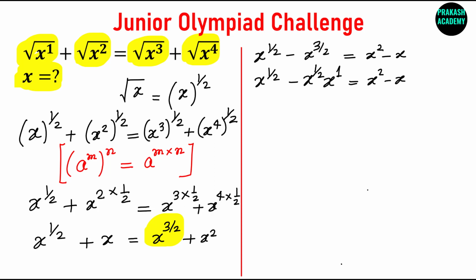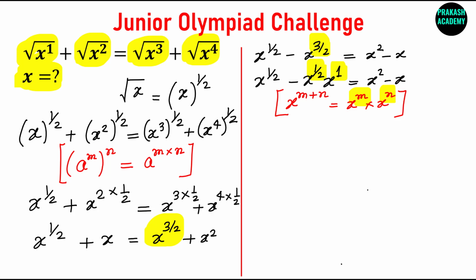This I am writing because you have the rule of exponent, that is x raised to the power m plus n is equal to x raised to the power m multiplied by x raised to the power n. In this case m plus n is 3 by 2, m is 1 by 2 and n is 1. So 1 plus 1 by 2 is equal to 3 by 2.